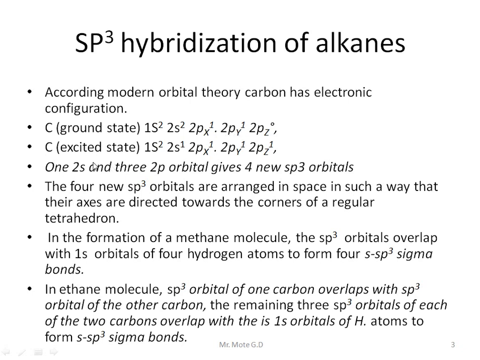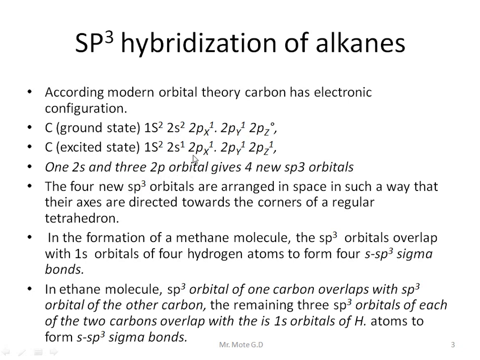Then it goes to the excited state. So 1 electron will be shifted, and it will produce the excited state configuration 1s2, 2s1, 2px1, 2py1 and 2pz1. This 2s orbital combines with the 3 2p orbitals, and that is called sp3 hybridization.